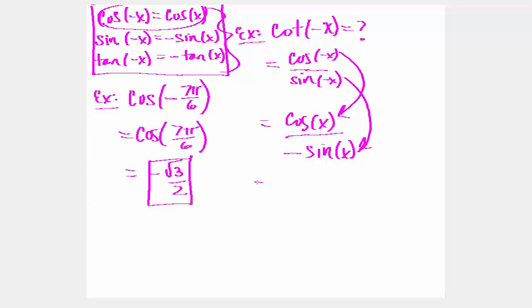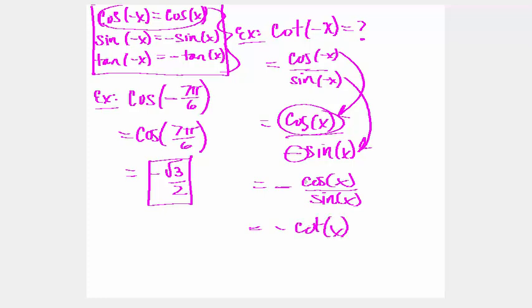So now let's just do a little simplifying of this fraction. If we have a positive over a negative, the whole result could be written as negative cosine of x over sine of x, which of course is negative cotangent of x. Right? This fraction is cotangent, cosine over sine, and there's a negative sign in front of it.